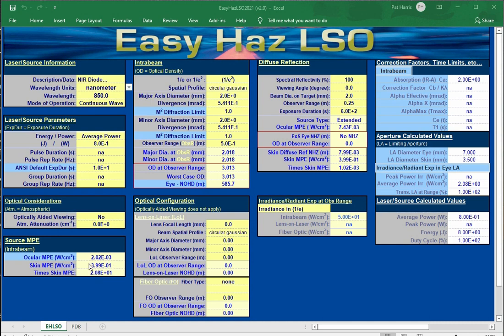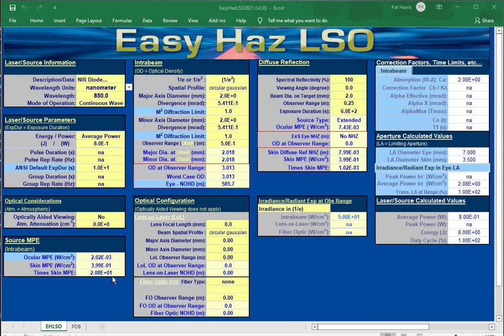This MPE for the skin being 0.4, remember for visible, this was for a quarter second exposure in the visible, that works out to be 3.11 watts per square centimeter. So this is a much more restrictive MPE for a 10-second exposure than visible for a quarter second exposure, and that's why the times skin MPE is in the same ballpark as that much higher power visible laser.